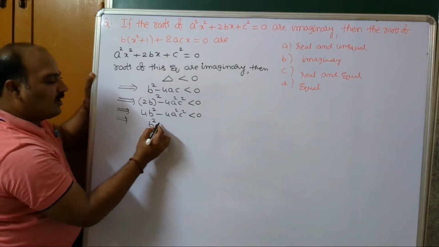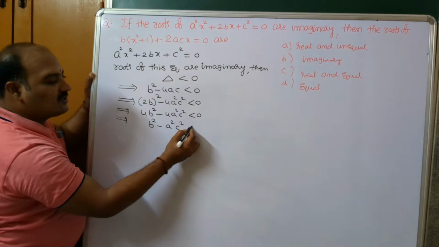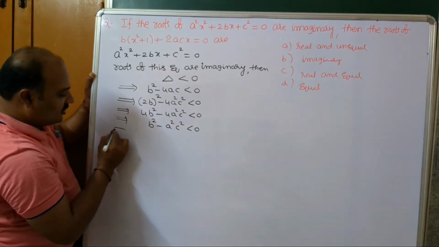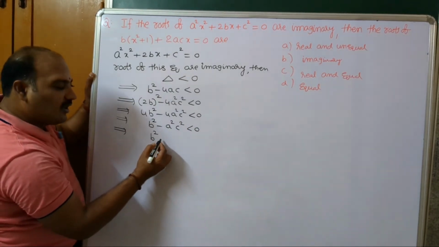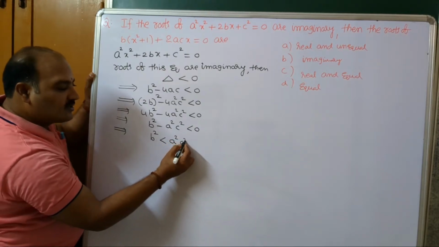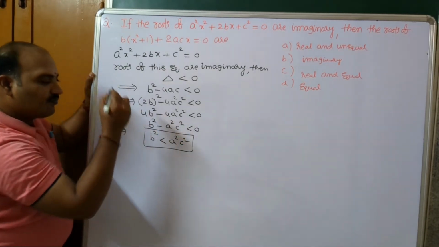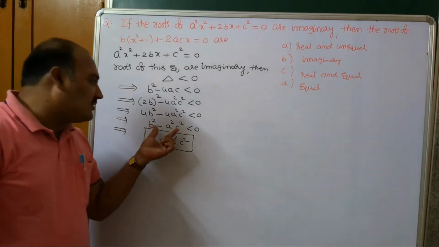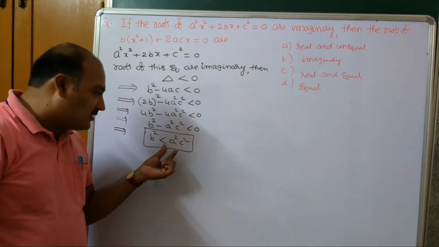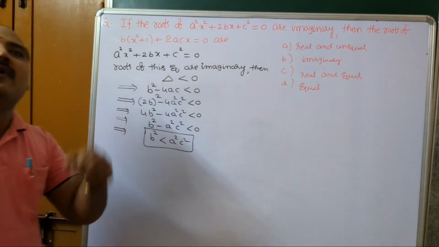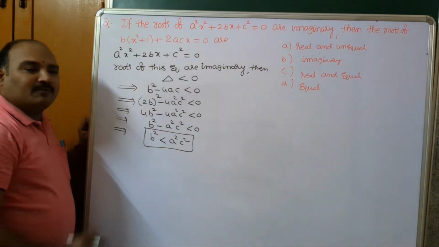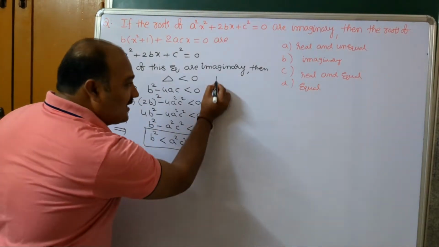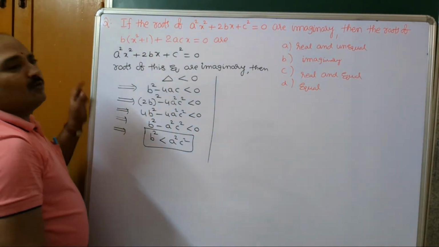So b square is less than a square c square, meaning a square c square is a bigger value compared with b square.